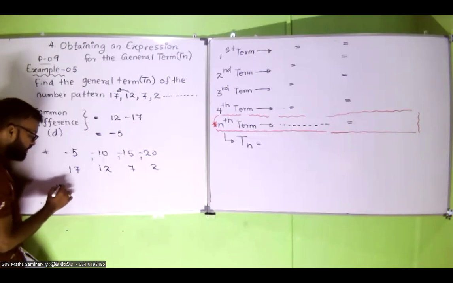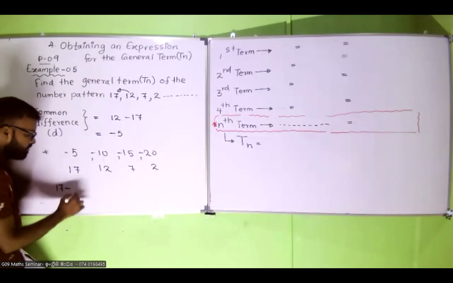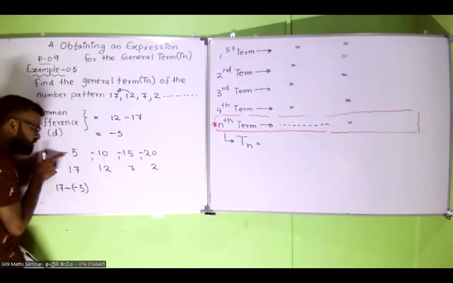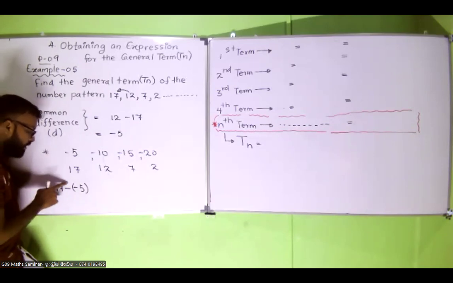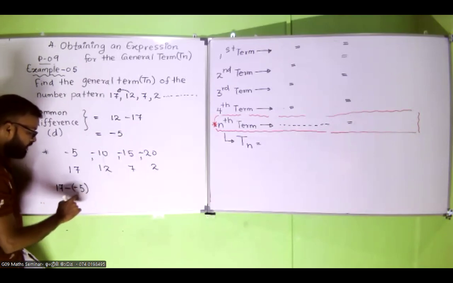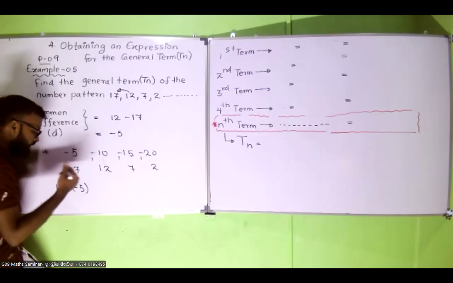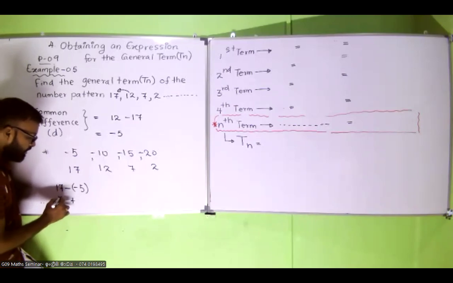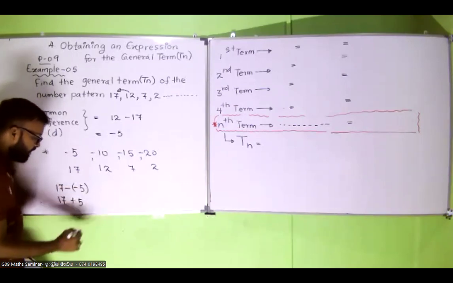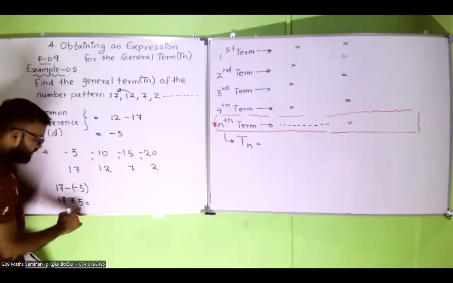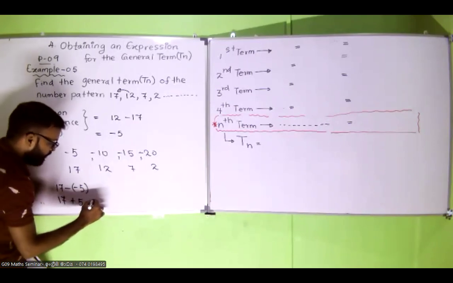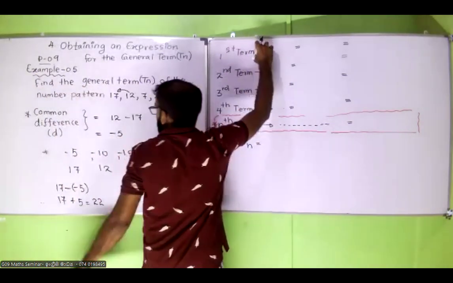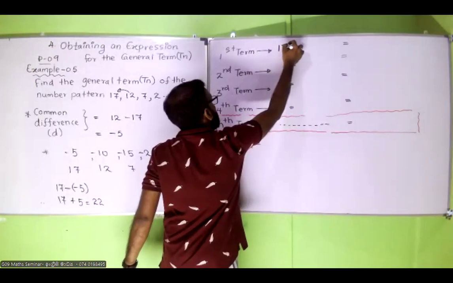Minus minus becomes plus, so 17 plus 5 is 22.